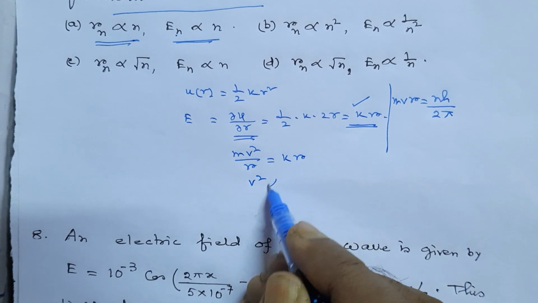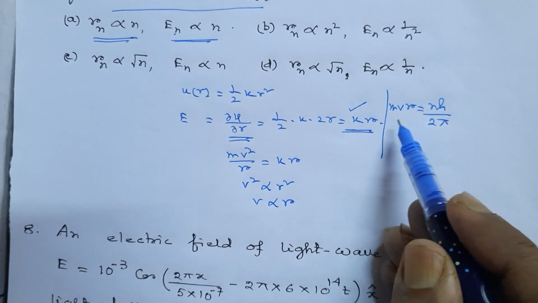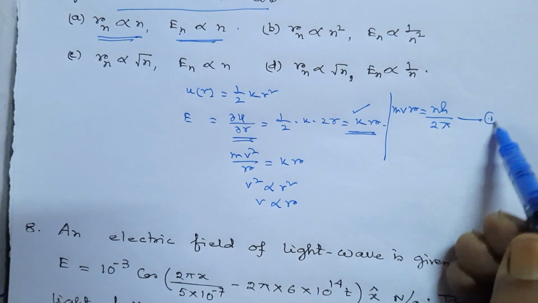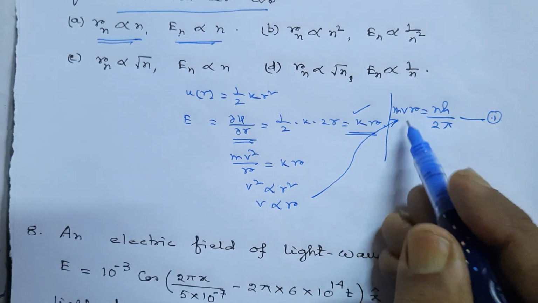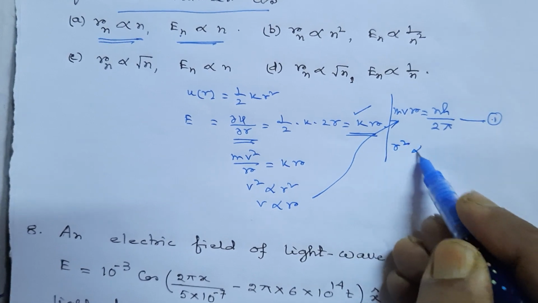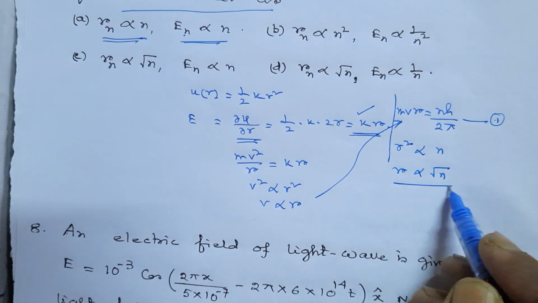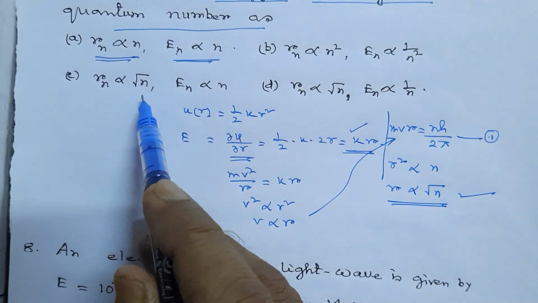So v square is proportional to r square, so v is proportional to r. So from equation number 1, if we put v proportional to r, then r square is proportional to n, so r is proportional to root n. So we get one solution there, Rn is proportional to root n.